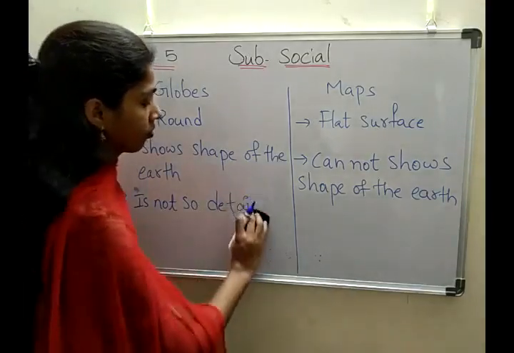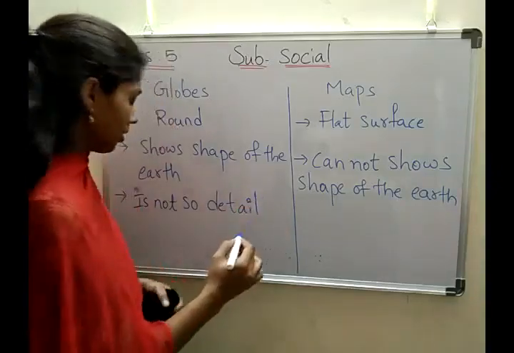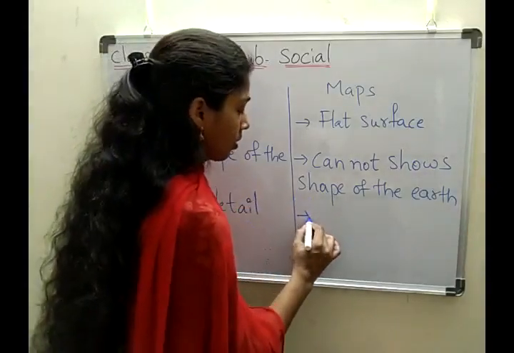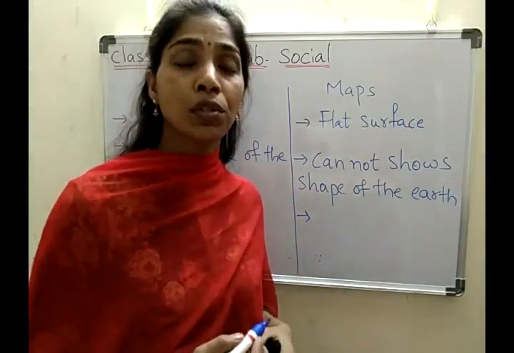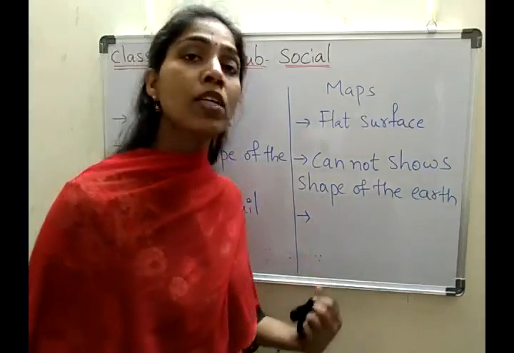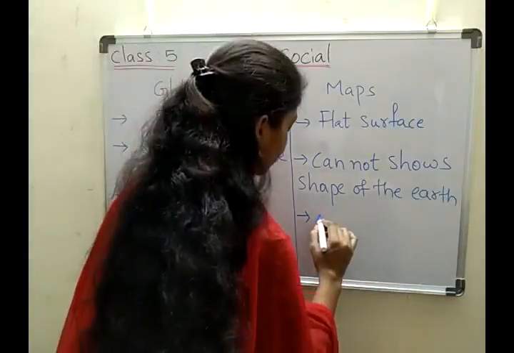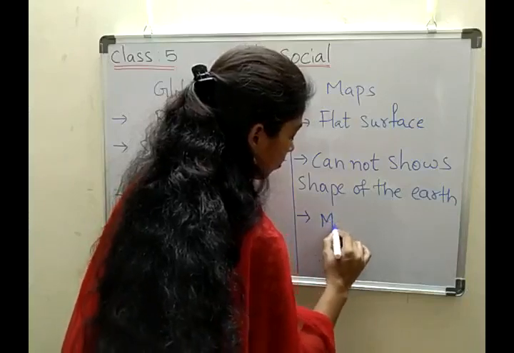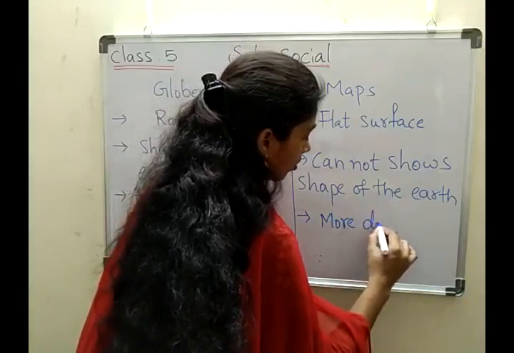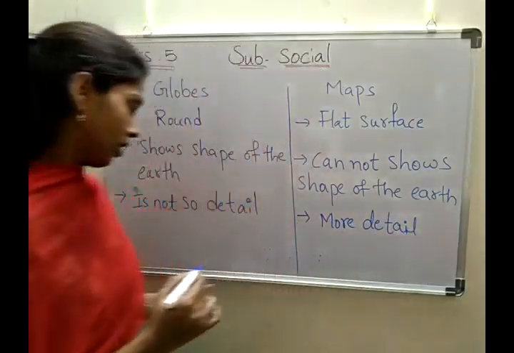Next, coming to maps. Children, a map shows small cities and towns. Okay, so a map is more detailed.